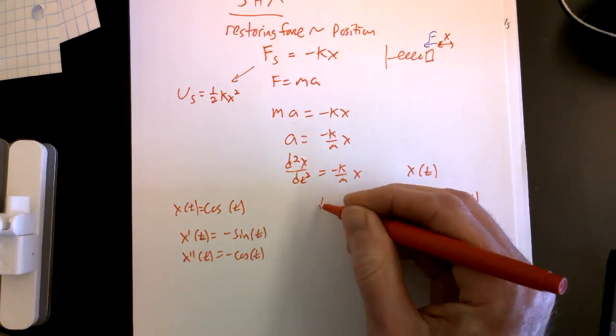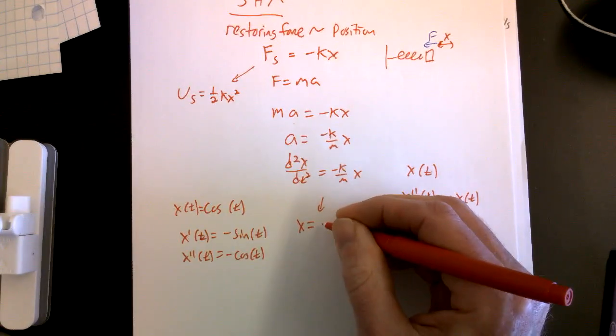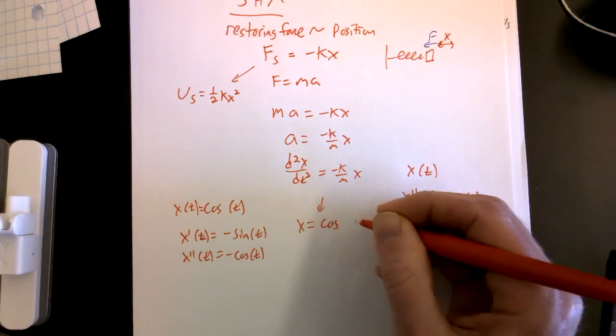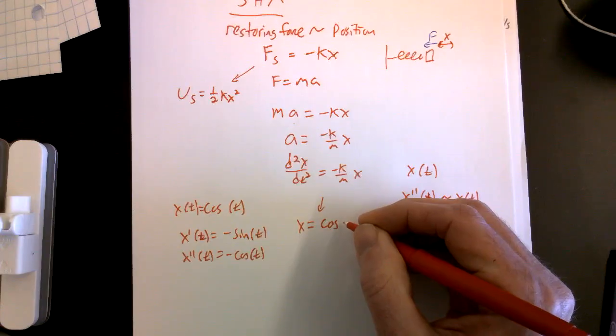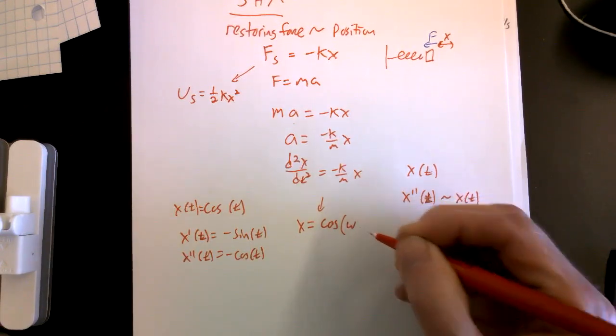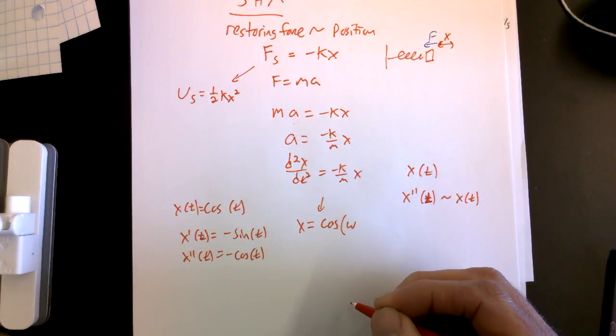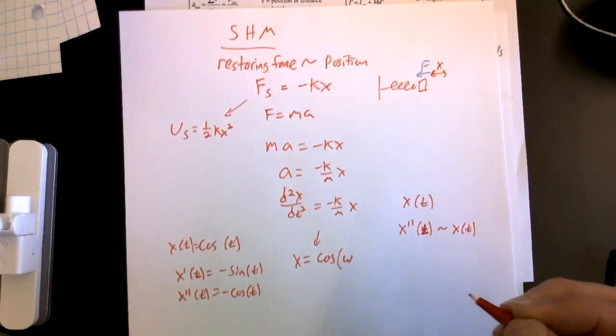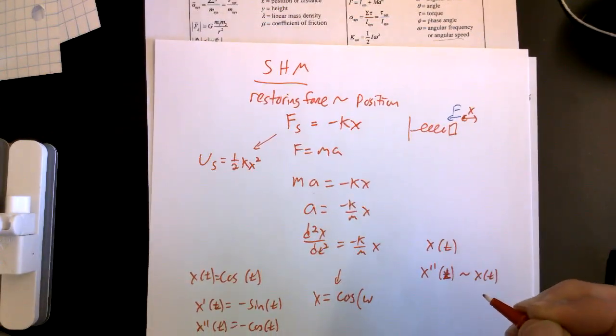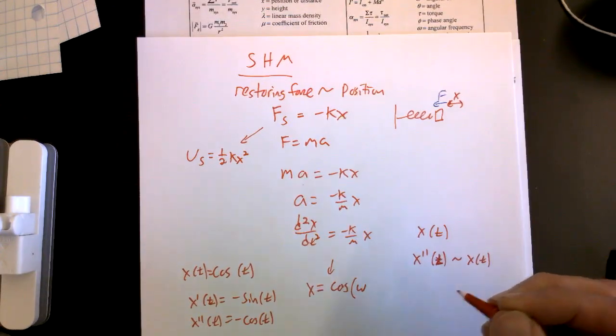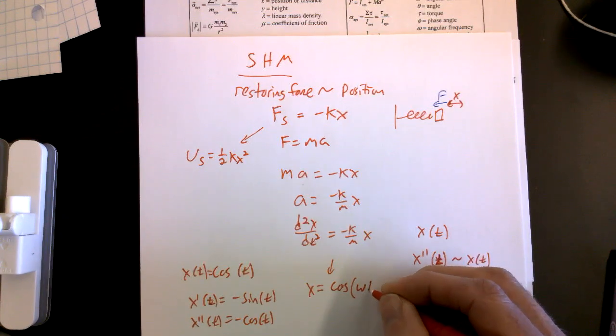So the solution to this one is x equals cosine, and we're going to stick inside of here the angular velocity, or the angular frequency, omega, times t.